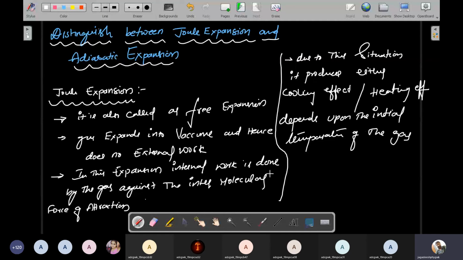In Joule expansion, whether the gas cools or heats depends completely on the initial temperature of the gas only. So this is about Joule expansion.